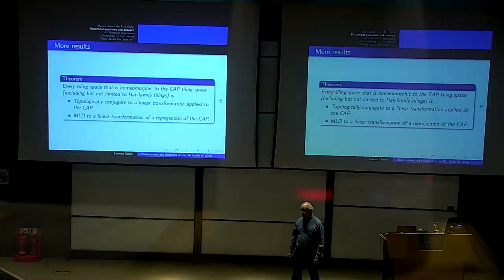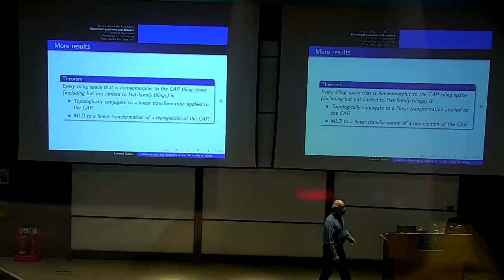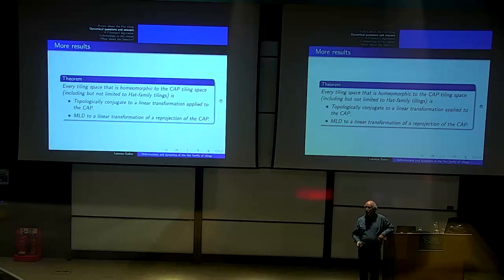Okay, so some more results. If you have a tiling space that is homeomorphic to the cap, in other words, and all of our AB hat tilings give a space that's homeomorphic to the cap. But if you drag in something off the street and say, you know what, this guy is homeomorphic to the cap too, in fact, it is up to topological conjugacy.